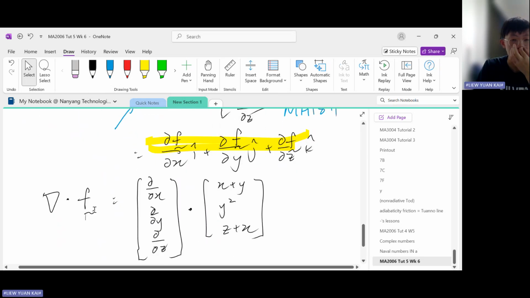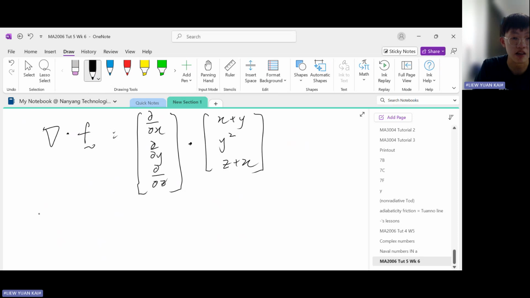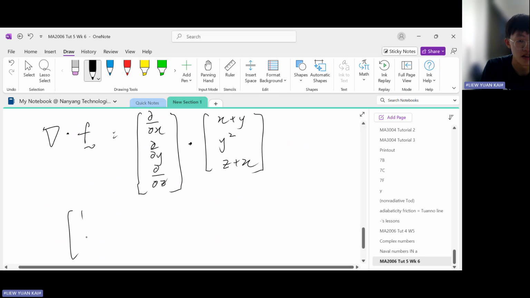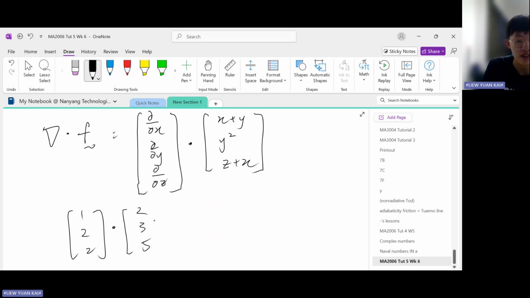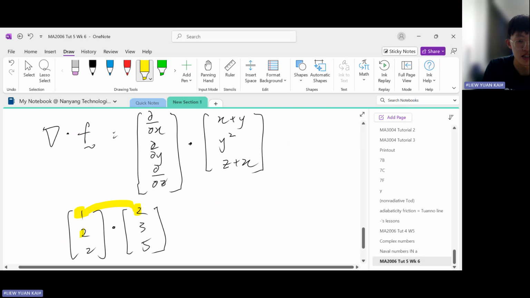Okay, and just like normal dot product, suppose I have two vectors, 1, 2, 2, dot 2, 3, 5. The dot product of these two vectors is this times this plus this times this plus this times this. So the dot product will be 1 times 2 plus 2 times 3 plus 2 times 5.